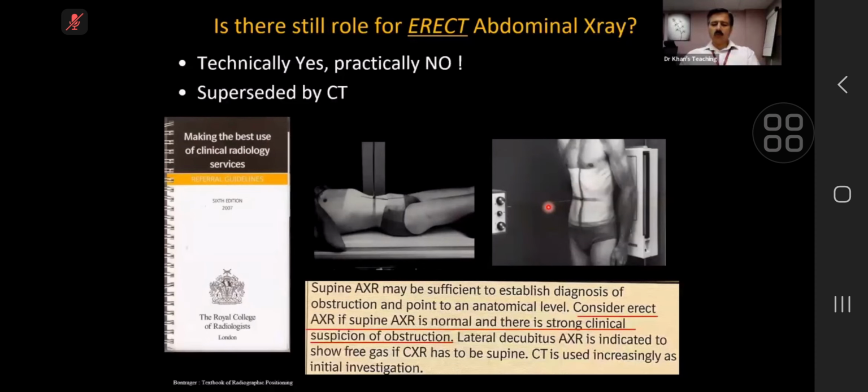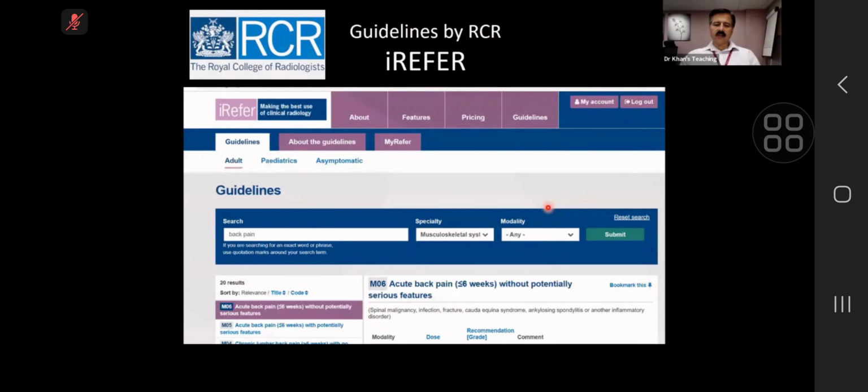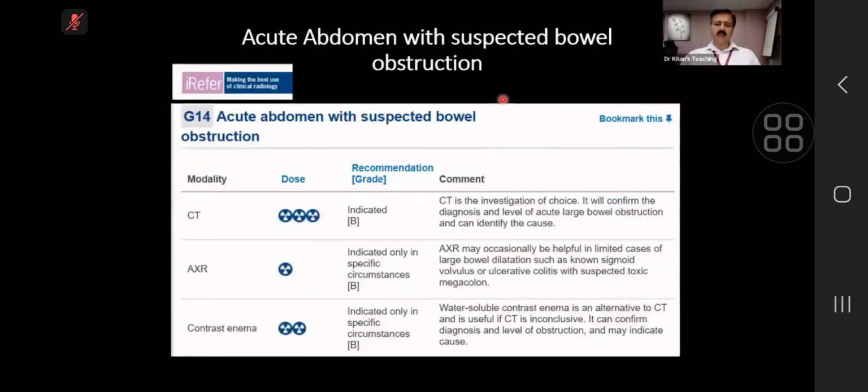I also want to introduce you here to a beautiful tool, iRefer, produced by the RCR. It is available for members. Basically, there are algorithms there for various kinds of clinical scenarios, and examiners will ask about them.